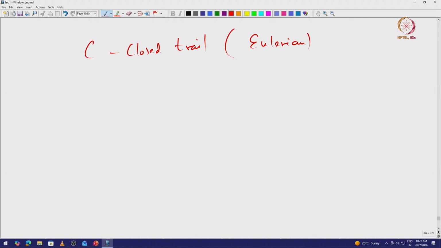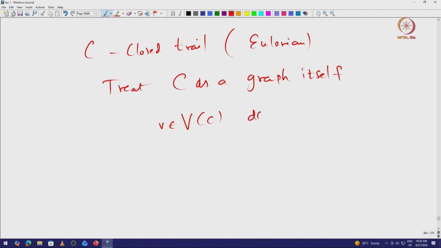By counting the degree of each vertex in C, treating C as a graph itself, if I take any vertex of C, then the degree of that vertex must be even. That is because C itself is Eulerian.